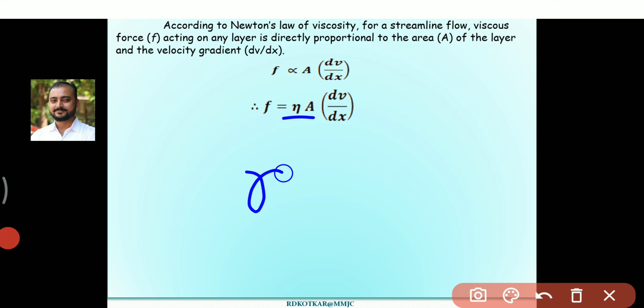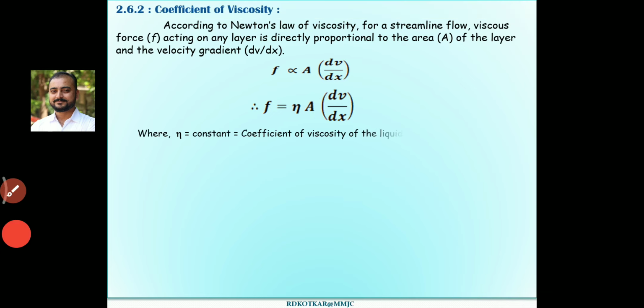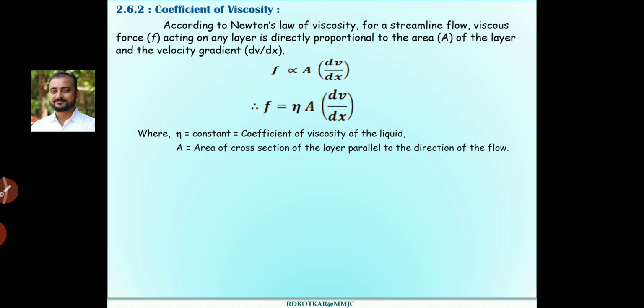It is written like this, not your small n, somewhat like this. It is known as eta, which is a Greek letter, and it is a constant used here. This constant is called the coefficient of viscosity of the liquid, where A is the area of cross section of the layer parallel to the direction of the flow.